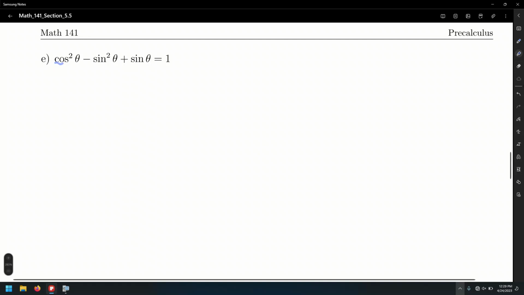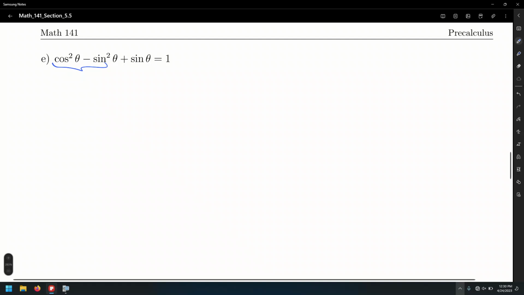So we should use trigonometric identities to rewrite the left-hand side of the equation. And well, let's see if this part of the left-hand side reminds you of anything. Does that remind you of anything? In fact, we did this recently. Cosine squared minus sine squared. That's an identity. Which one is it?